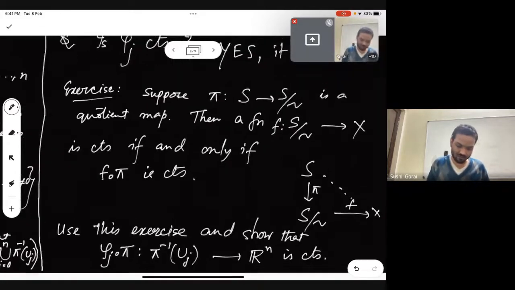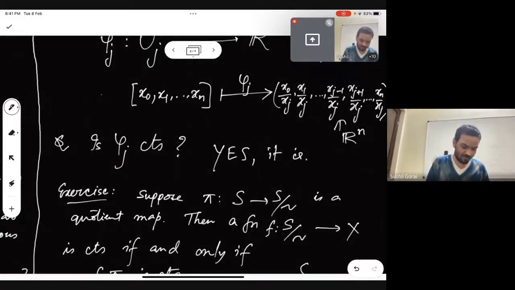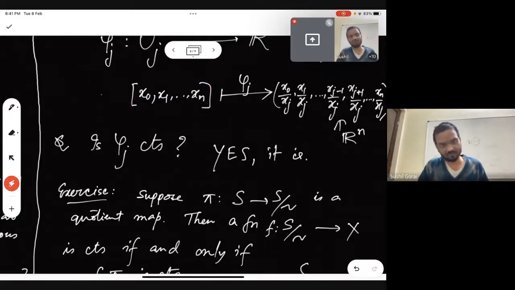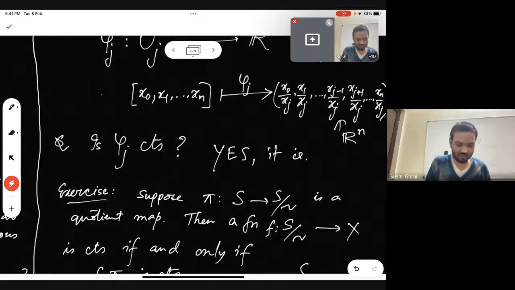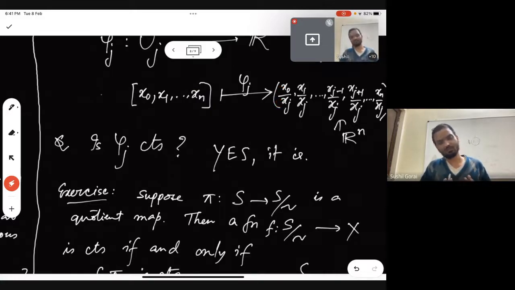If you multiply every coordinate by t, it goes to the same image, so t by t gets cancelled. So it's a perfectly well defined map.